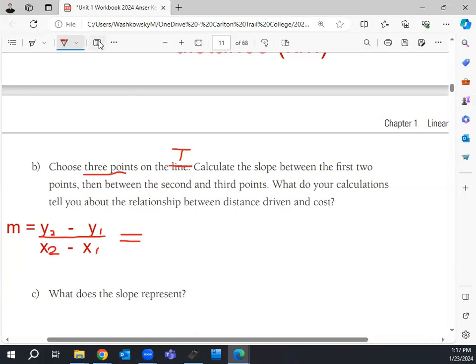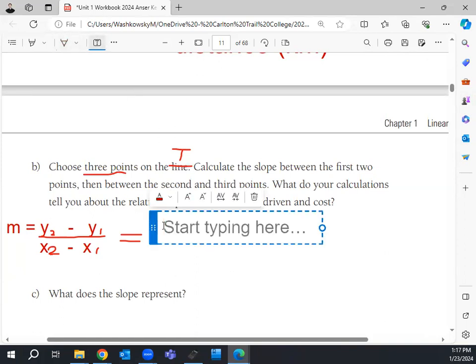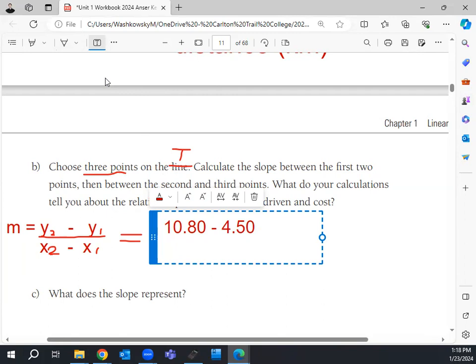So I said my y2 was 10.8. You can put 10.80 if you want as well. It's not going to change it. Minus 4.5. And then that's all divided by 4.2 subtract 0.